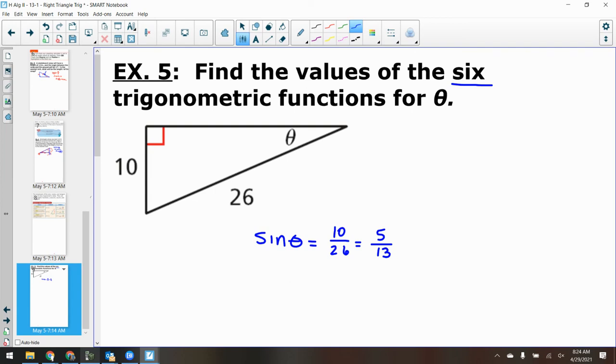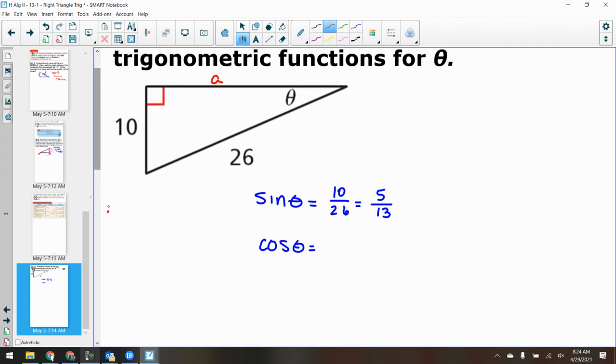When I go to calculate cosine theta, what would you say? Well, what's my adjacent side? It's not there. Can I find it? Yeah. Isn't it a right triangle? Let's use Pythagorean. Let's call that A. A squared plus 10 squared is equal to 26 squared.